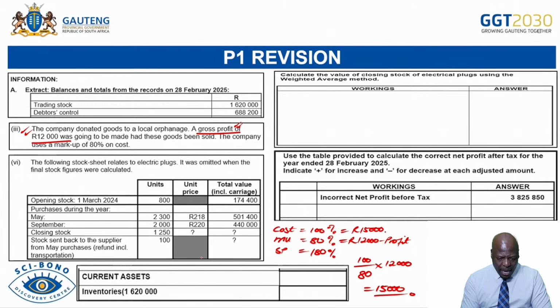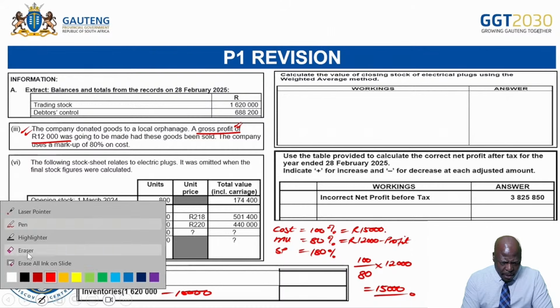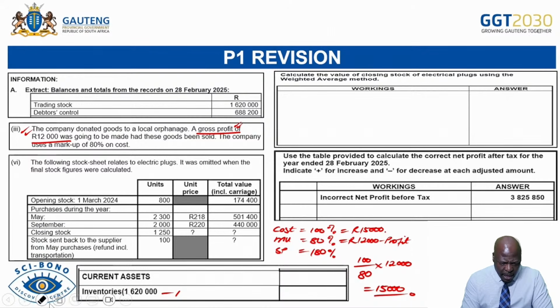Let's donate them then. If you're donating the goods, that means we're going to come to our inventory and say stock has gone out, 15,000. Minus 15,000.